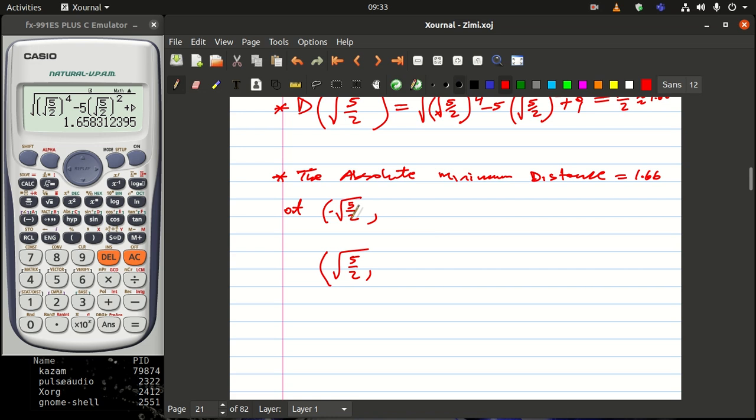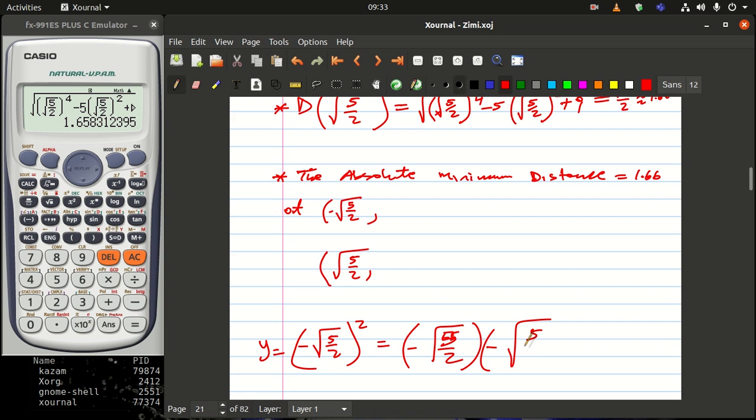So this one here, we have negative square root 5 over 2, and that is going to be our x, but you have to square it up. When you're squaring this up, this is going to be the same as minus square root 5 over 2 times minus square root 5 over 2, and a negative and a negative will give you a positive. A square root and a square root will end up cancelling out because you're squaring it up, and then you will end up having 5 over 2, and of course here you will end up having 5 over 2.